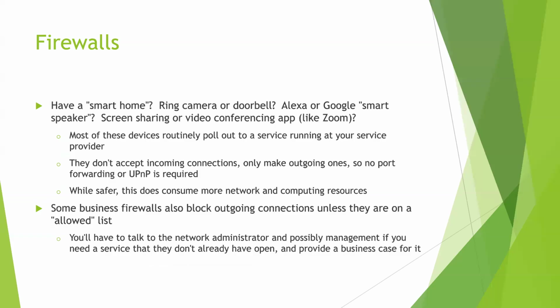So when you have your Ring doorbell and your Ring speaker that dings when somebody pushes your doorbell button, what's actually happening is they push the button on the doorbell, and the doorbell sends a packet to Ring, and then Ring adds that to a queue, and your doorbell ringer box is asking Ring all the time, hey, do you have anything for me? Hey, do you have anything for me? Oh, look, you've got something for me. Ring the doorbell. Ding dong. Somebody's at the door. This happens so fast that you don't even notice it happening.